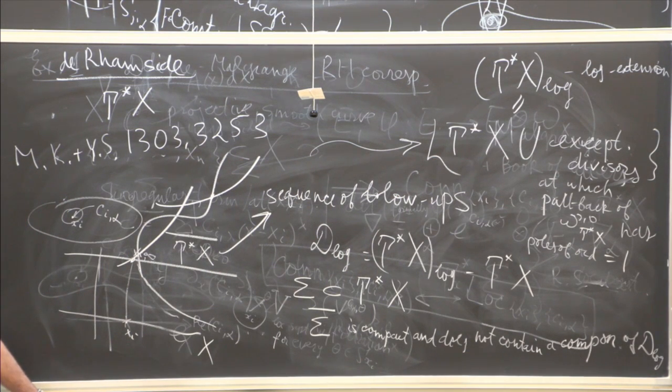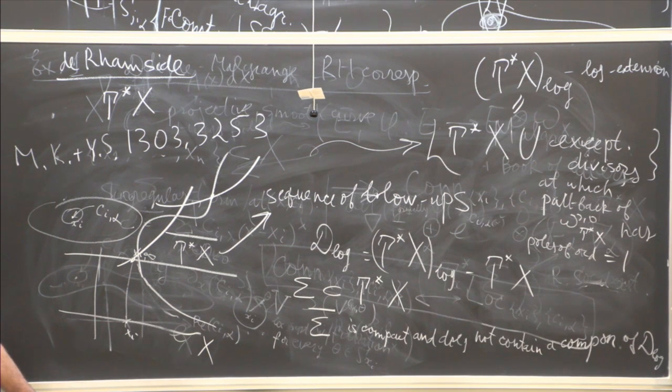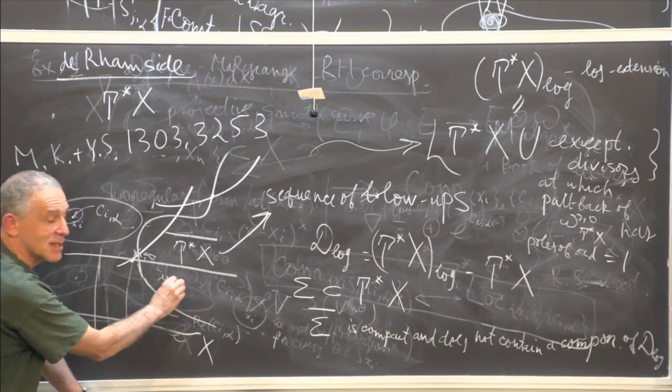It was a motivational part. If you have a Higgs bundle with a Higgs field which has a regular singularity, then you can naively draw the curve which I've just erased.